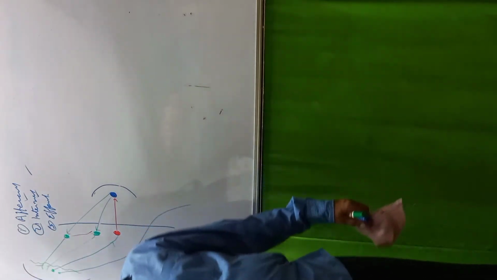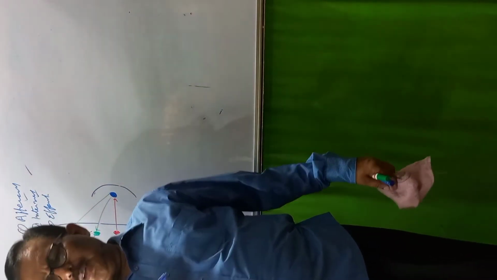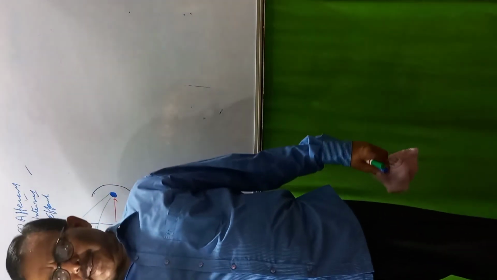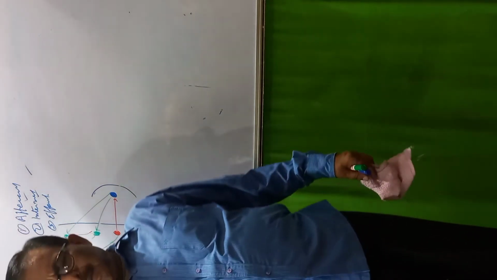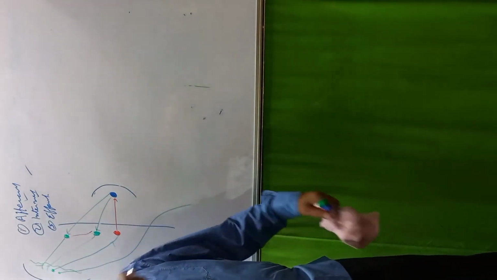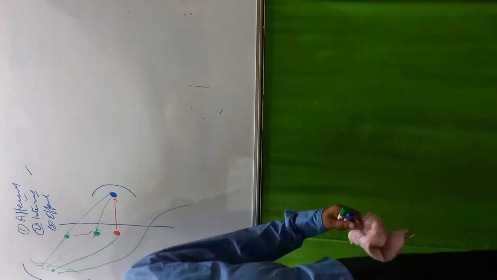It will pull, and this is the cause of the shoulder of the affected side being lower and the shoulder of the unaffected side being higher. When the lesion is on this side, there is spontaneous deviation.